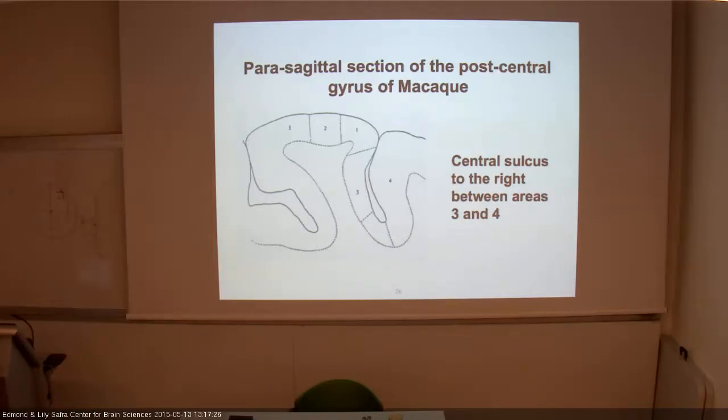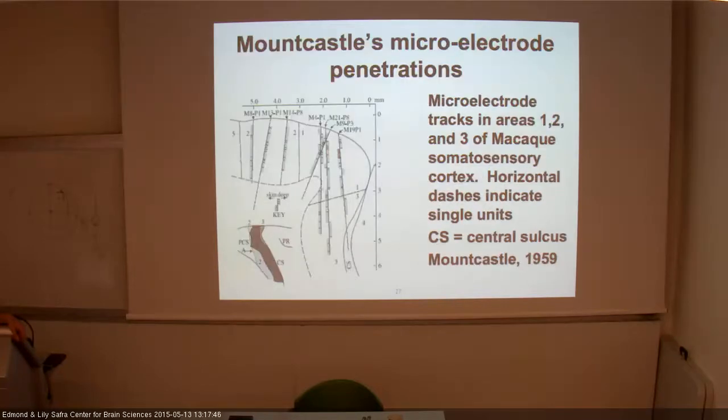Okay, and then I promised you, I think last time, I mentioned Vernon Mountcastle, and that he was the first one to identify this idea of the cortical column.